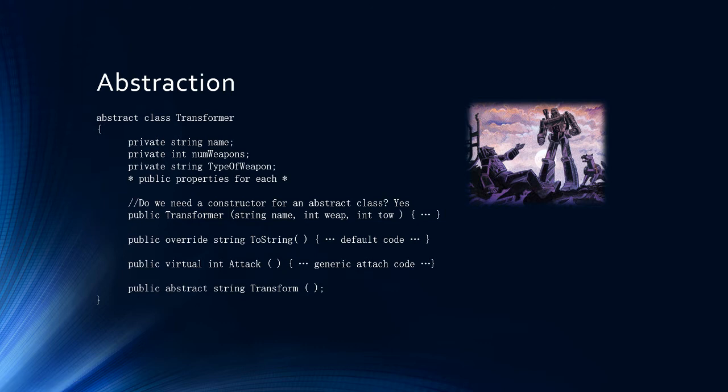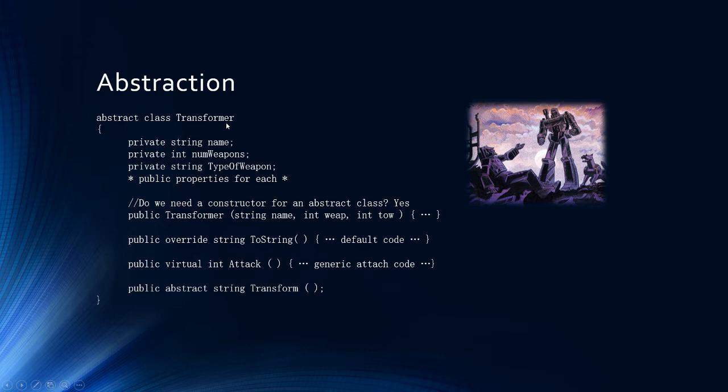Now, although this class is abstract and we can't actually create an instance of it, we still need a constructor to define what kind of data elements it requires as parameters to construct a proper object. We'll see why later. In this class, we could override external methods.